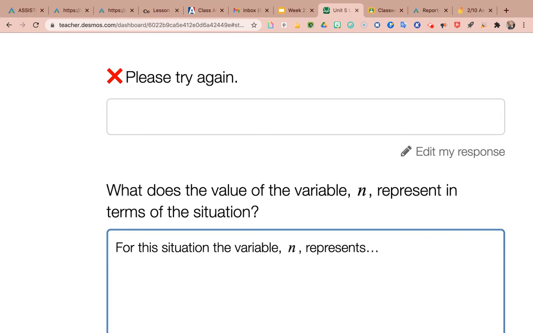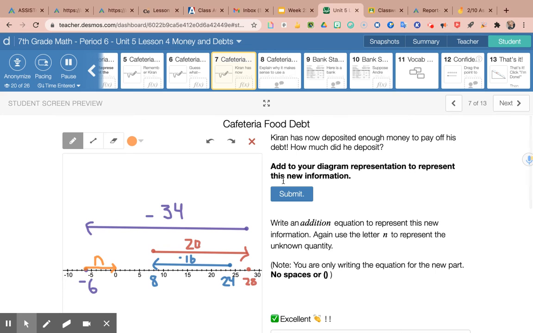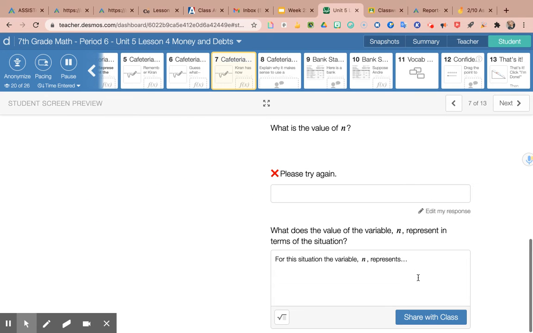And then the last question says, what does the value of the variable N represent in terms of this situation? So N was the unknown, or N was the question. So you have to look back up here. N is how much he paid or deposited.